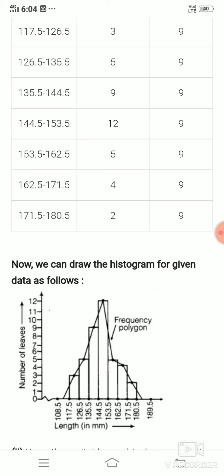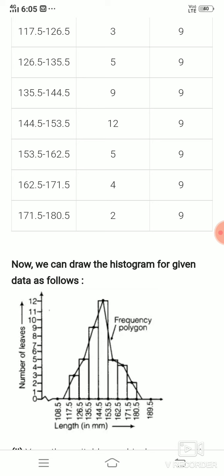Between 108.5 and 117.5, the midpoint is the first point, A. Then the midpoint of the top of the first rectangle, 117.5 to 126.5, is B. The midpoint of the top of the second rectangle is the third point, C, and likewise the fourth and fifth points, to draw the frequency polygon.